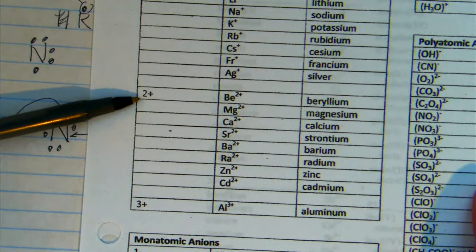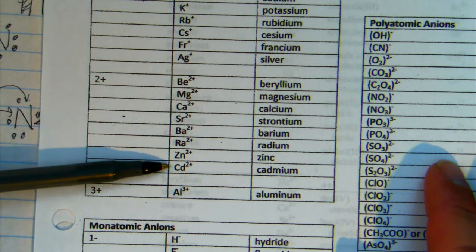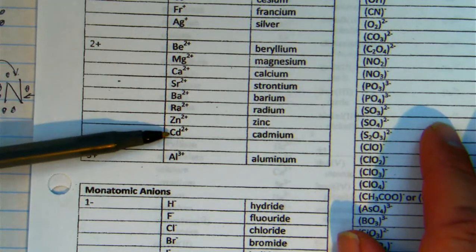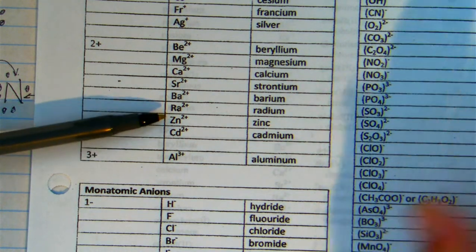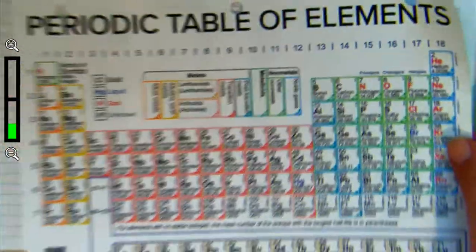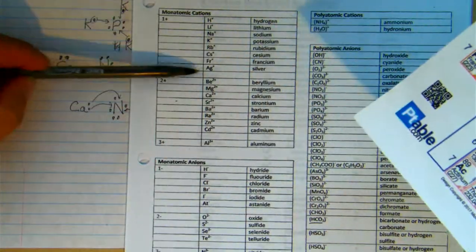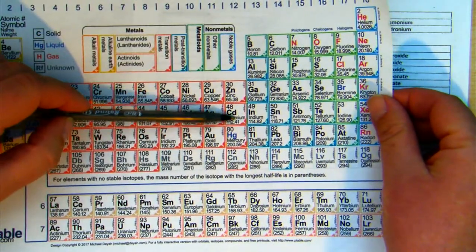The 2 plus cations should be the entire second column of the periodic table, plus 2 elements that are always choosing to be 2 plus, even though they're located in the transition elements, zinc and cadmium, directly underneath zinc.